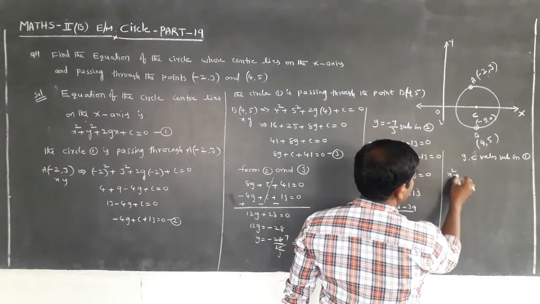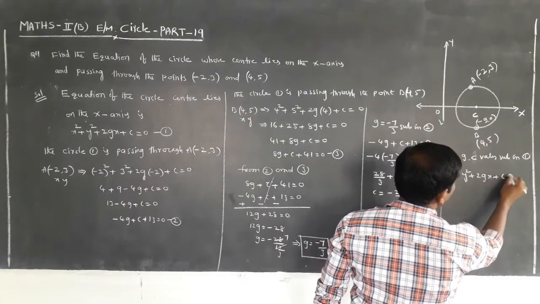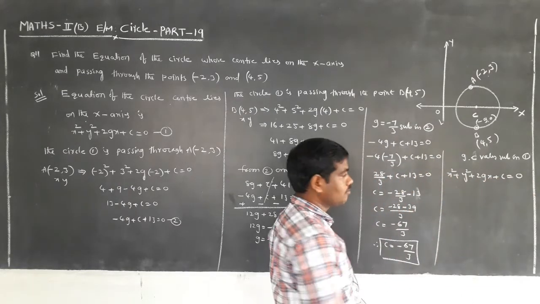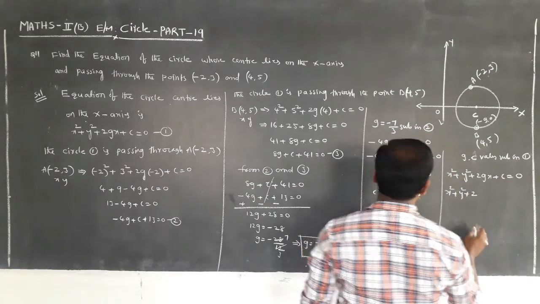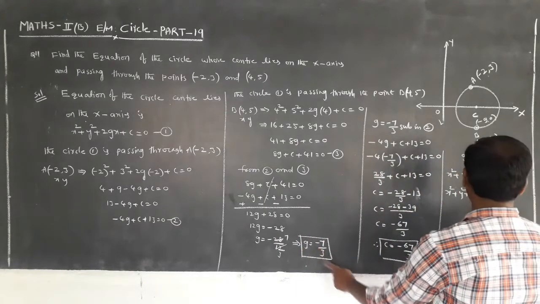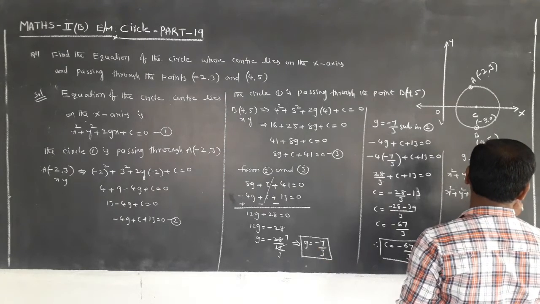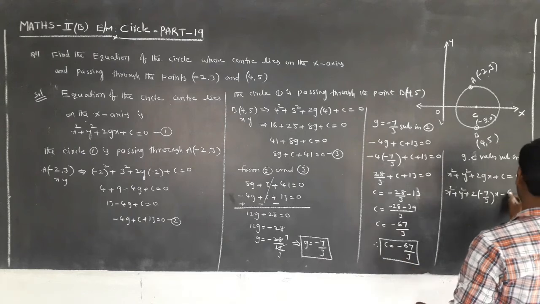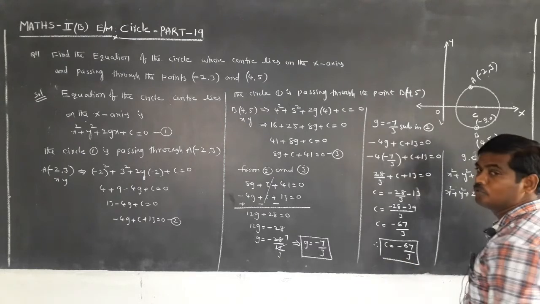Equation 1 is x square plus y square plus 2gx plus c is equal to 0. So x square plus y square plus 2 into minus 7 by 3 x plus minus 67 by 3 is equal to 0.